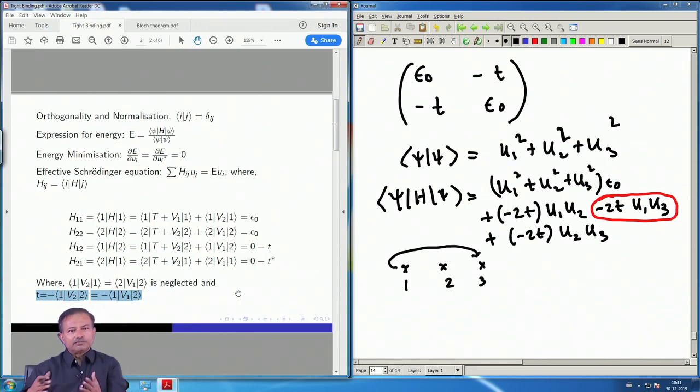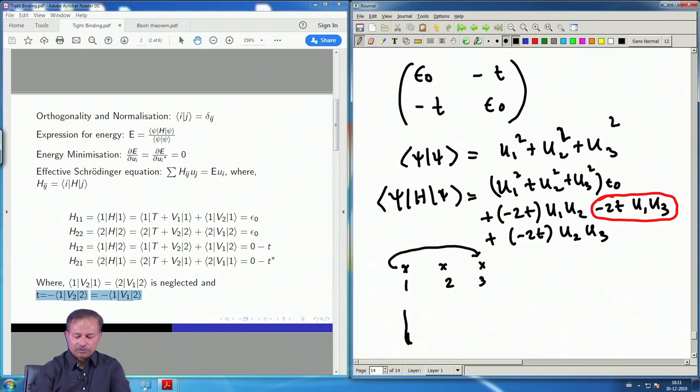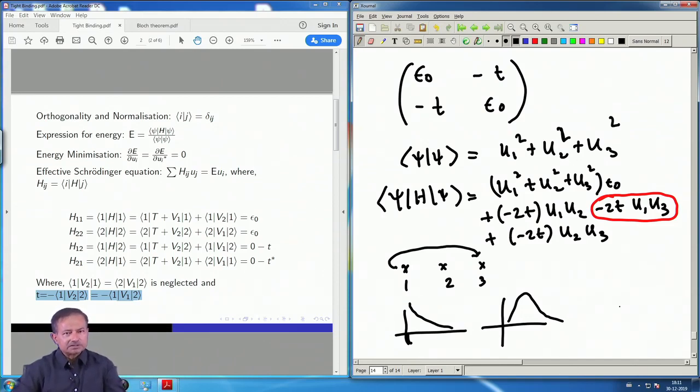That has to be, because the wave function falls off. The wave functions fall off in real space. They are like this, or sometimes they are like this, and so on. So, they always fall off at a distance, and typically that distance is less than even the nearest neighbor.